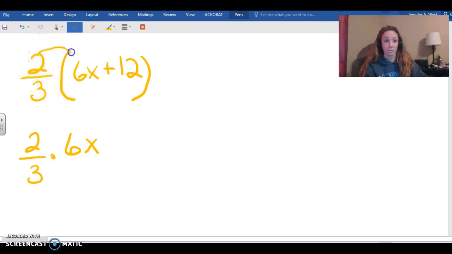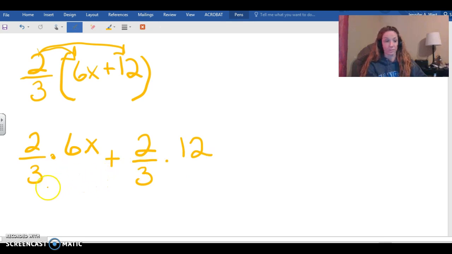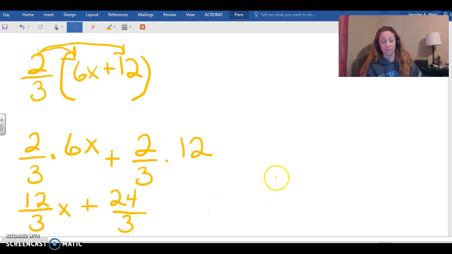And then we'll add plus 2/3 times 12. All right, so that gets us 2 times 6 is 12 over 3x, plus 2 times 12 is 24, 24 over 3. And now we need to simplify those.